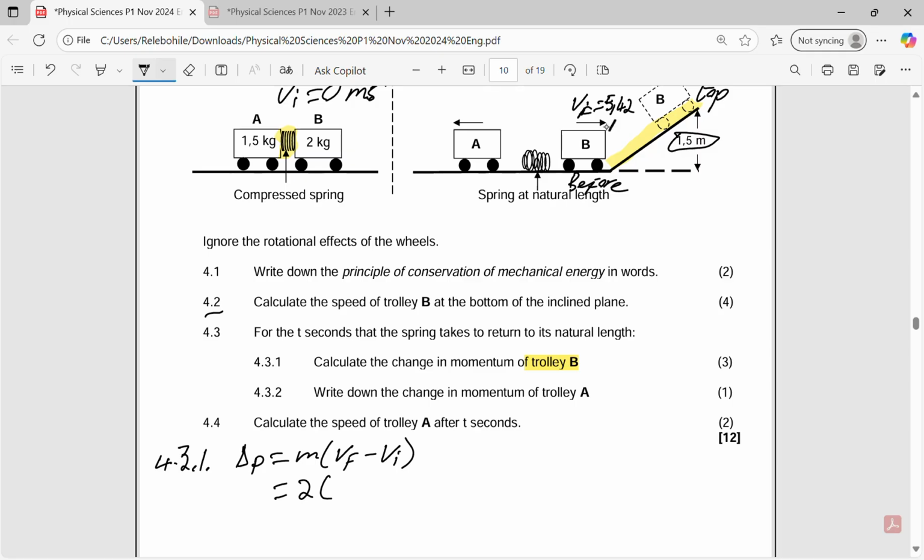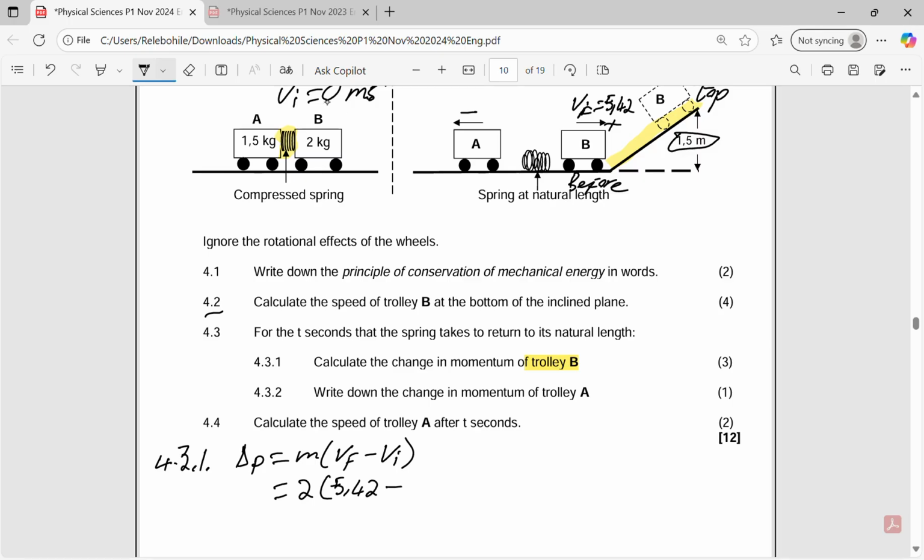So right will be positive and left is negative. So this means that our final velocity of block B, which is this 5,42 meters per second, will be positive. So I'm just going to put it there, 5,42 meters per second minus the initial velocity. What was the initial velocity of block B before it separated from block A?